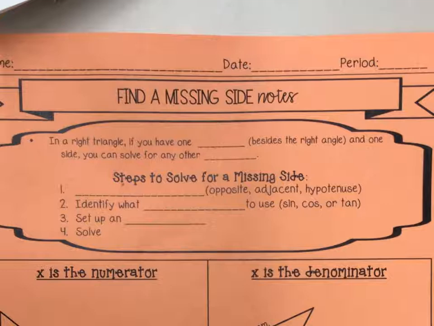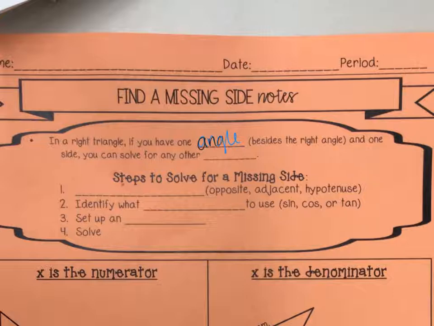our missing sides. So in a right triangle, if you have one angle besides the right angle, so it can't be the right angle, we can't really see that blue. Let's go over it.